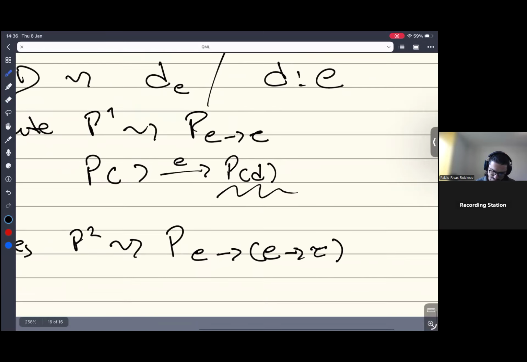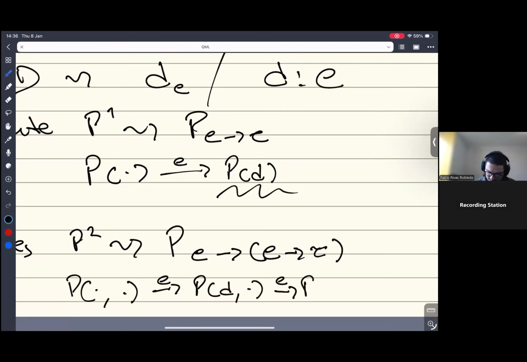All right. So this is saying that I am expecting two inputs. I'm going to put them like this. I need to give you one. Let's say I fill it up with D, and then I'm expecting another one of type E. And once I get it, then I get something that is true or false.